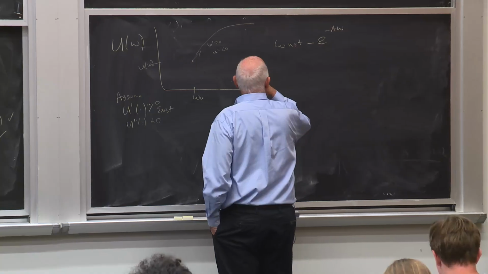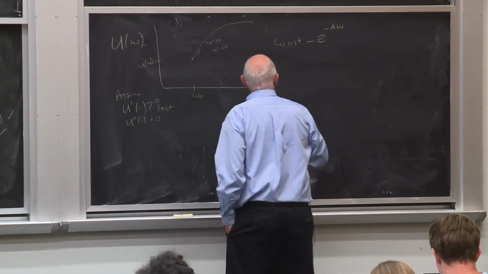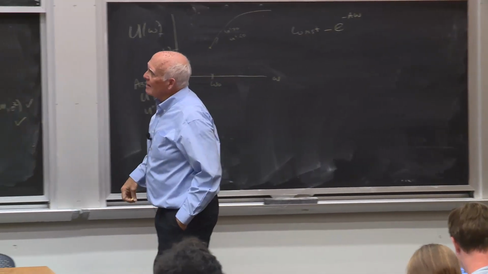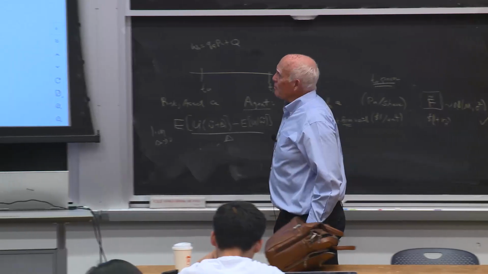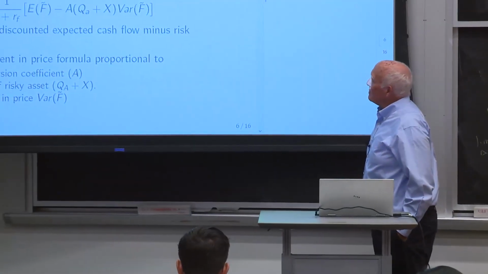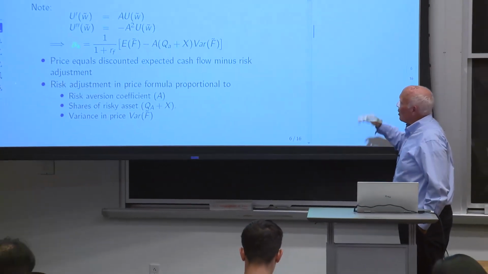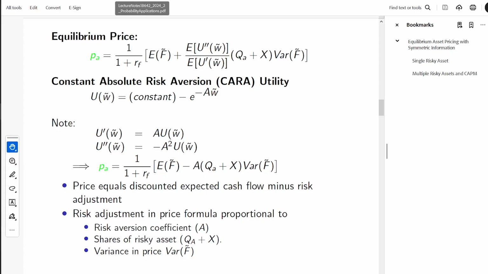And so it basically has the right shape in terms of marginal utilities decreasing and utilities always increasing. And so with this particular utility function, we have u double prime divided by u prime giving us just the factor a here.